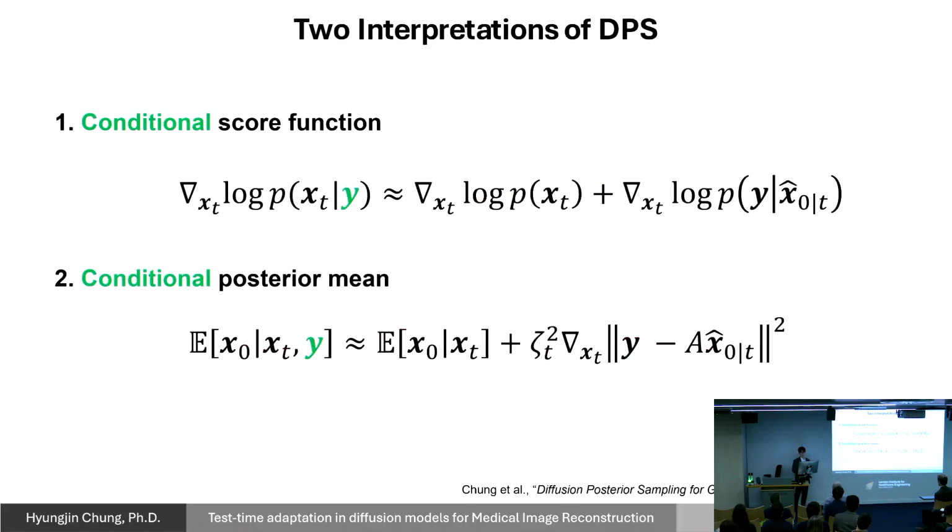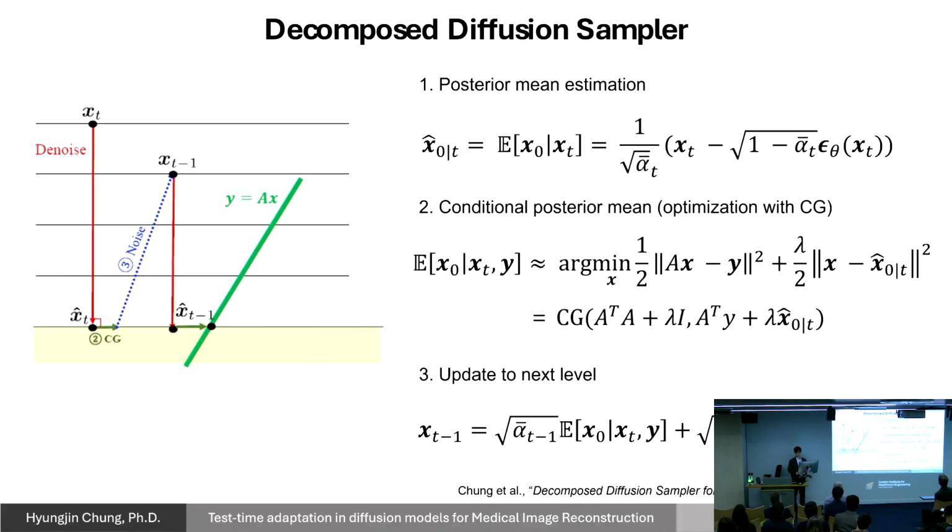And it's useful to think about all these different types of posterior samplers using diffusion models in two different ways. You can either think of this as an approximation to the conditional score function, but at the same time, you can also think of this as an approximation to the conditional posterior mean. And under those interpretations, there's another sampler that I would want to mention.